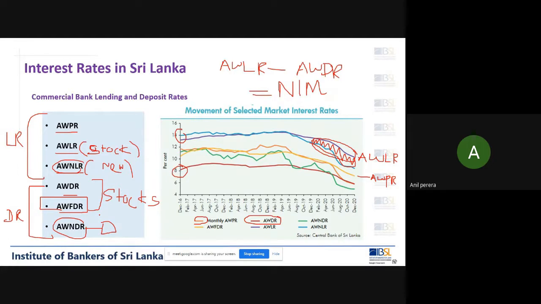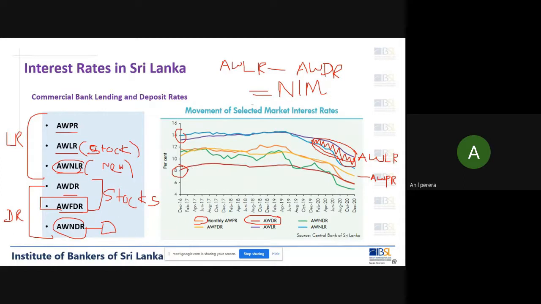Average weighted new deposit rate is the deposit rate offered by commercial banks within a month. So you take the average of all these new deposit rates to see the movements of new rates in the economy. So in this chart, if you look at this green line, it's the new deposit rate.